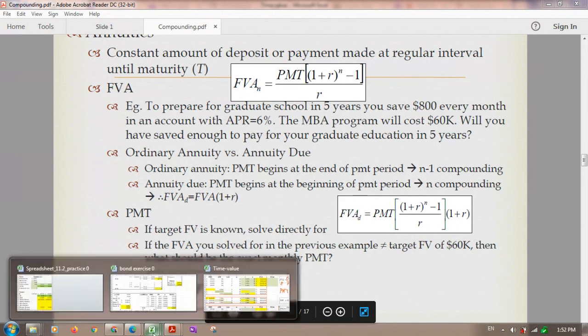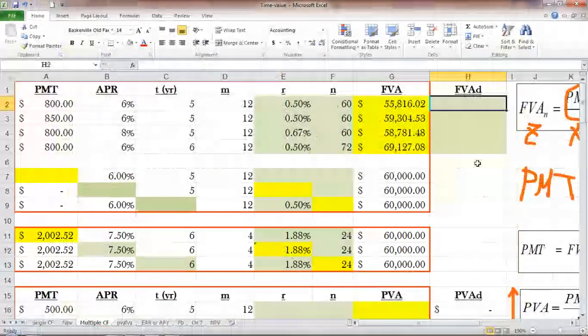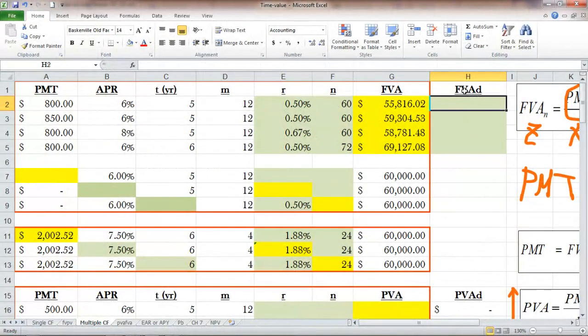So here, what you can do is, for annuity due, I have already found ordinary annuity. It's just one more compounding. Cycle this, one more compounding, and then you drag it down.